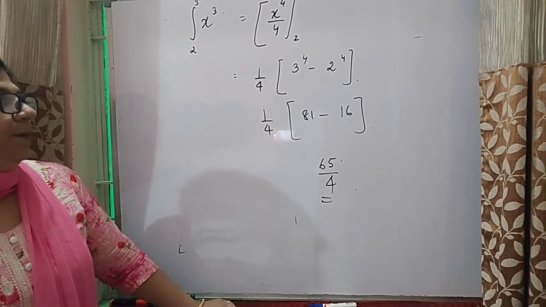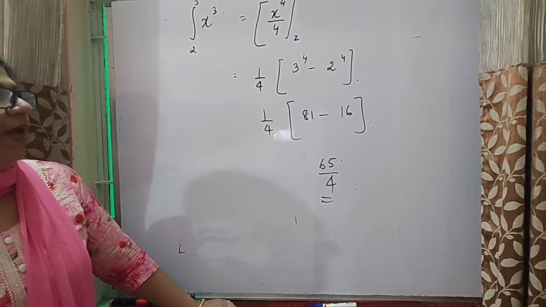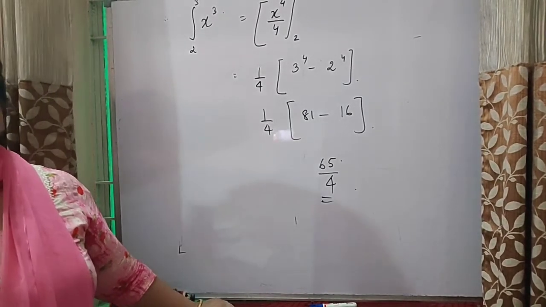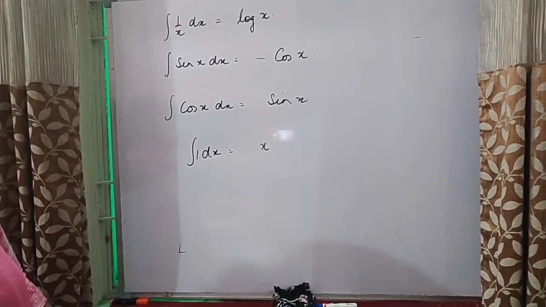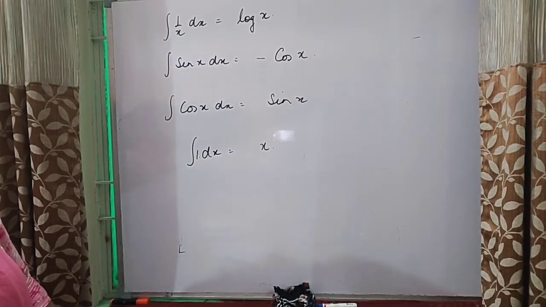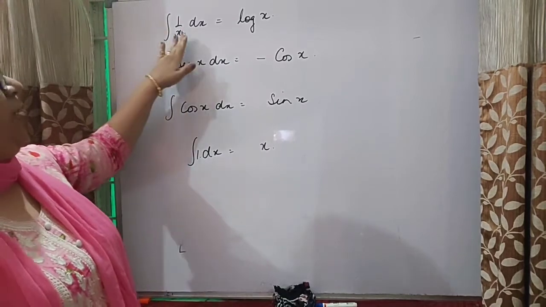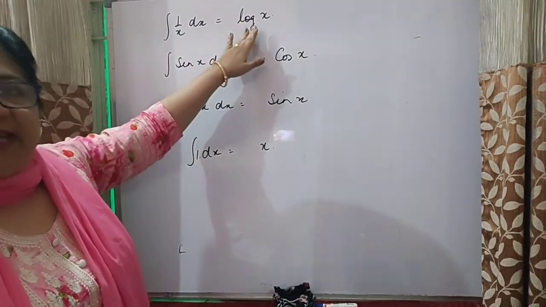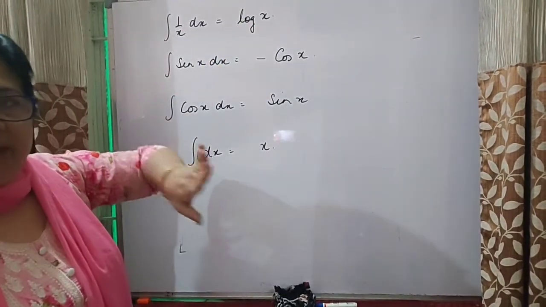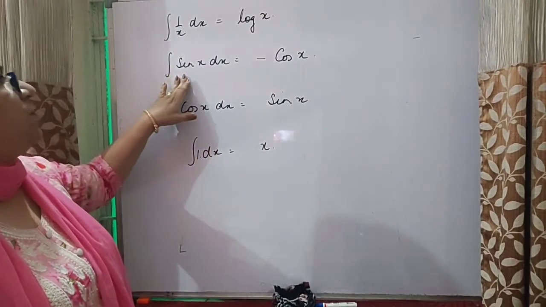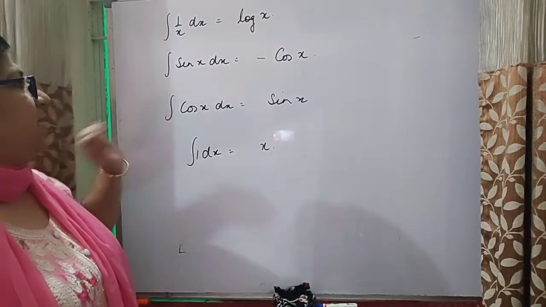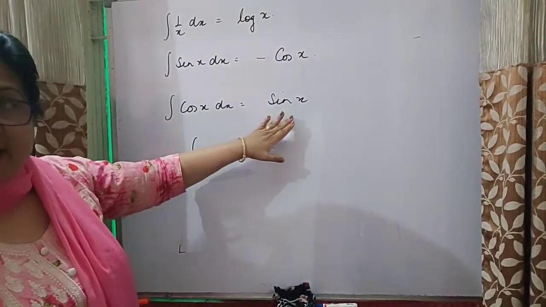Basically, I wanted to tell you the formula, and after this, we'll proceed further. Now, some useful formulas for integration: the integration of 1 upon x is written as log x. You need to learn it. Integration of sin x is minus cos x. Integration of cos x is sin x.